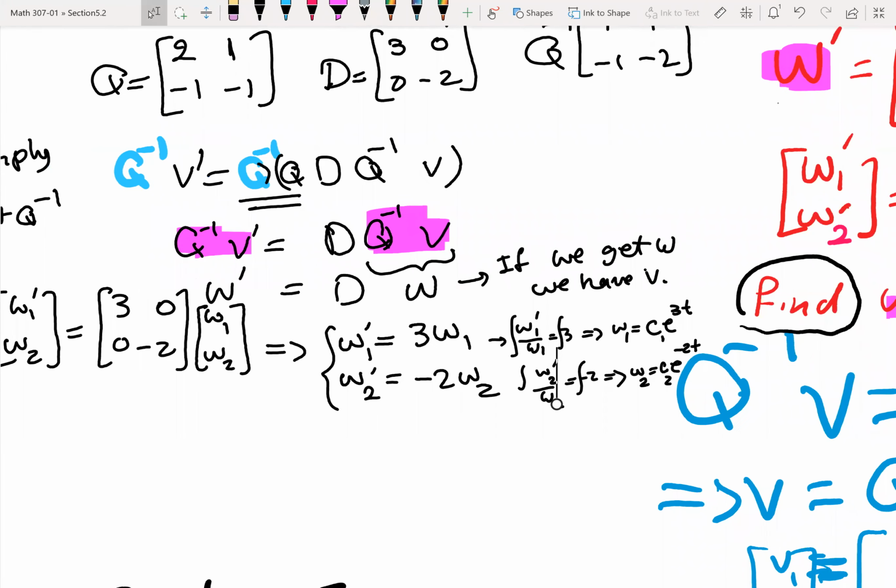If the size of both sides is the same, it's enough to show one of them, either one-to-one or onto. Since the dimension of V equals the dimension of W, it's enough to show one of them. For me, one-to-one is easier, but it doesn't matter.